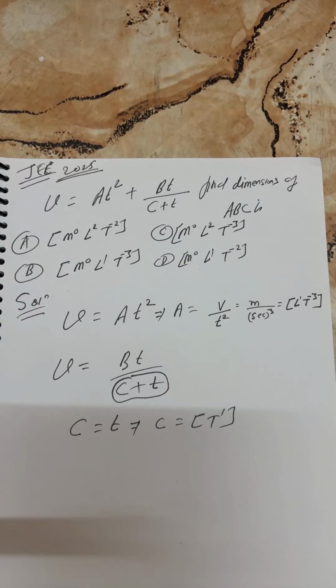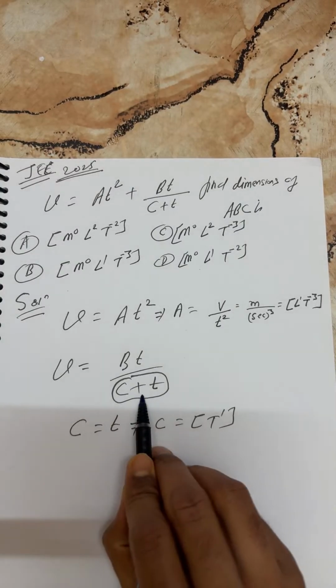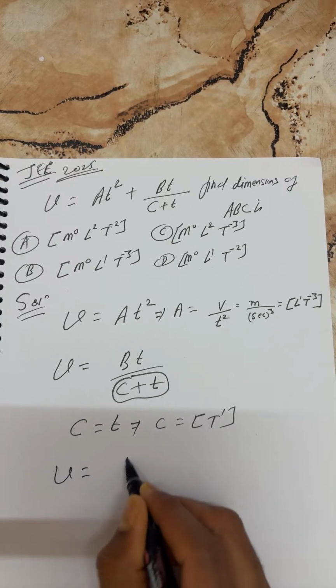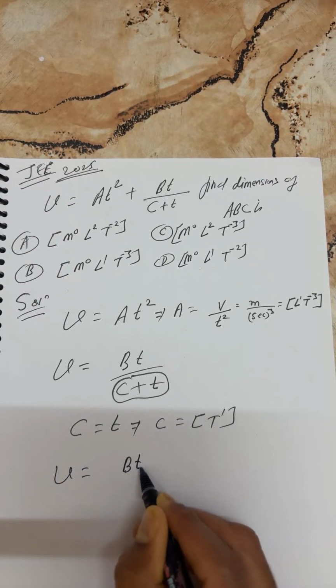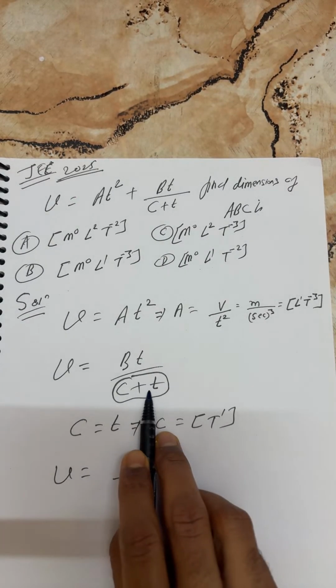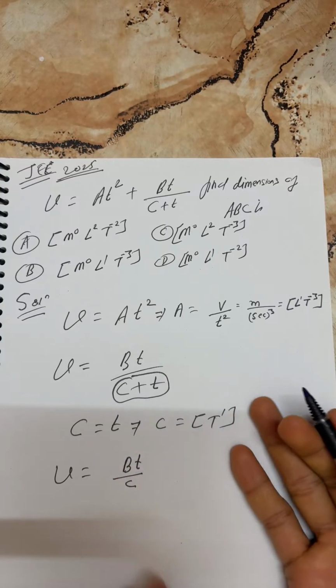Now beta, we have to find B only. How can we find B here? Because I know these two are constants, so you can write V is equal to B into T by C. We can write it like this because these two are in summation, so the dimension remains the same.